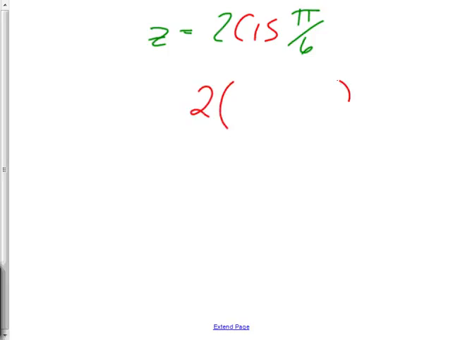Personally, that's the way I kind of would gravitate. But if you're more of a visual person and you want to actually draw the picture of where that is, that'll work. Either way, find me the rectangular coordinates, like root 3 plus i, or whatever it comes out to be.